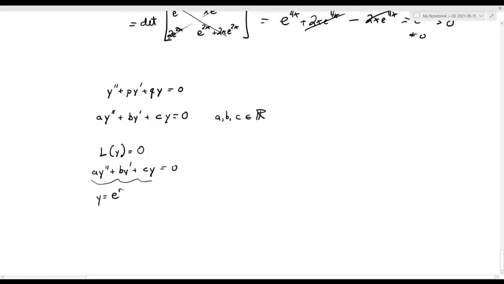And it's going to be in the form e to the rx. So r is a real number, and we're going to assume that there's a solution that looks like this to our differential equation. And this function is special, right? The exponential function is special in the sense that if you differentiate it, you're going to get a multiple of it back.